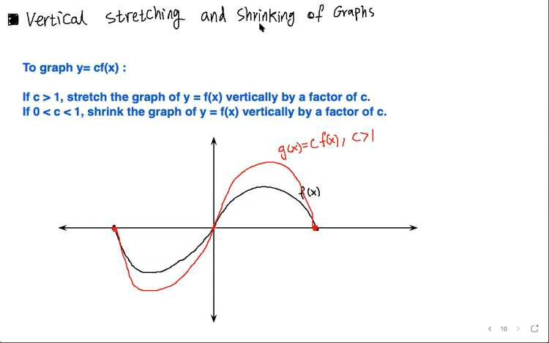But if c is between 0 and 1, like 1/2, 1/4, this means we have to shrink the function. So shrink means something like that. This is shrink of the function. So here, for example, my function is called L of x equals c times f of x, and here c is between 0 and 1.